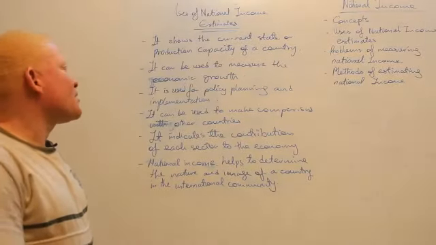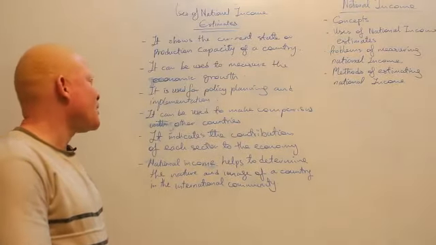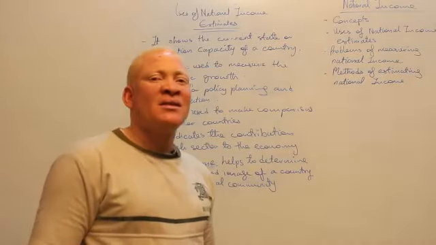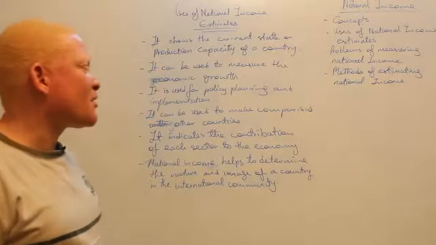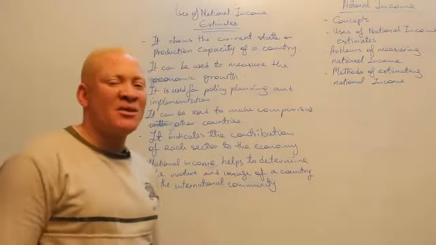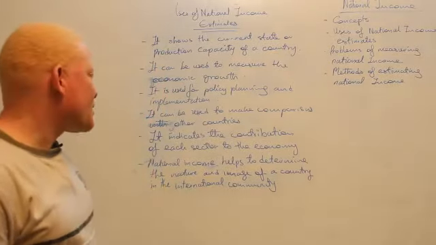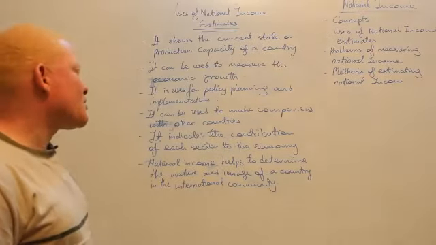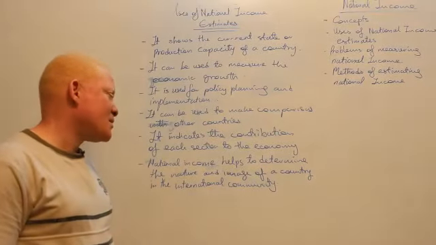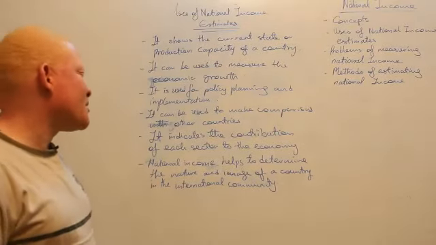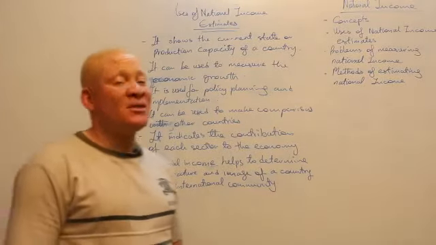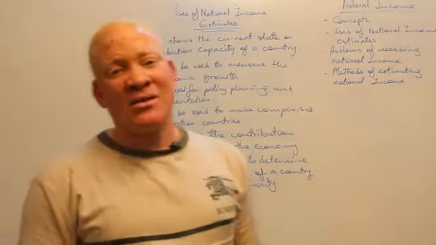Next, it can be used to make comparisons with other countries. That is for you to know the standards or the rate of economic growth between one country and another. Then the next one is that it indicates the contribution of each sector to the economy. And last, national income helps determine the nature and the image of a country in the international community, to know their contributions and so on.